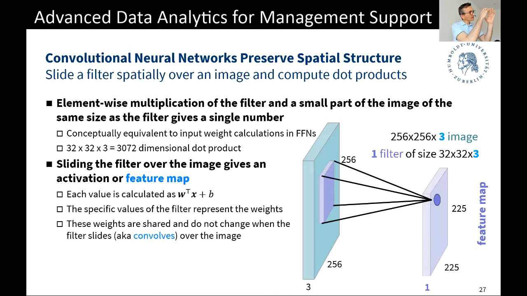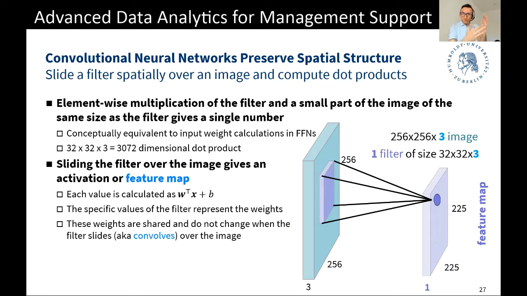And then I can slide my filter over the image, right? And with every step with which I slide my filter over the image, maybe I shift the filter by one column. We have some examples later on. If you wonder, you don't have to follow all my hands and what's going on here.